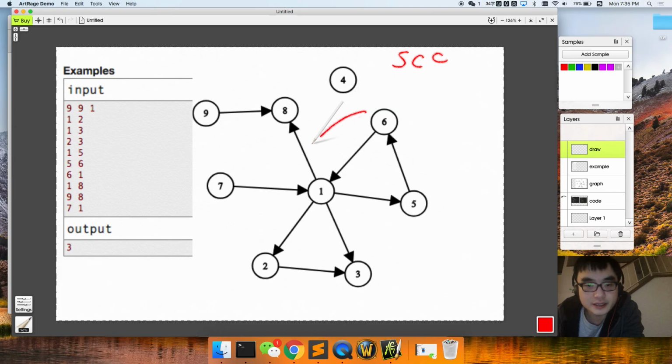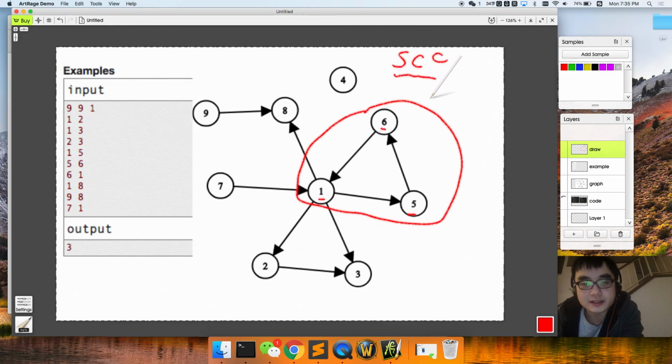So here is a strongly connected component, right? Because you can reach any node from any node. For example, you can reach 1 and 5 from 6, right? And you can reach 6 and 5 through 1, and you can reach 1 and 6 through 5. So that is a strongly connected component.